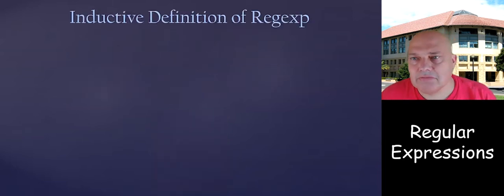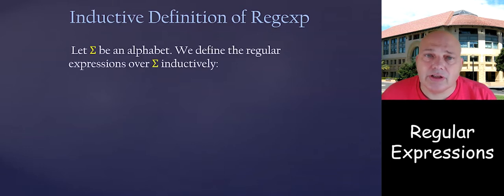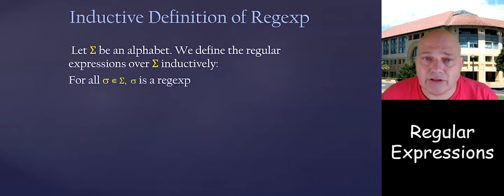So let's jump into the definition of regular expression, and this is going to be an inductive definition. So sigma is an alphabet. We define the regular expressions over sigma inductively. For every character sigma in sigma, sigma is a regular expression.